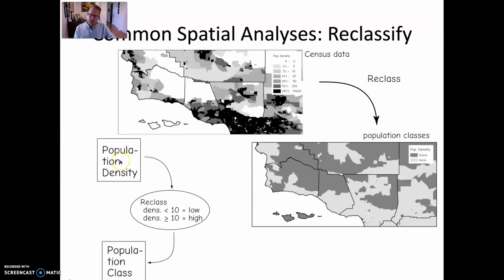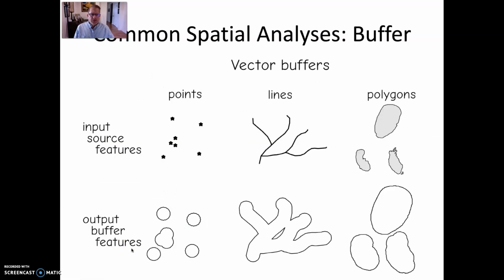Here is another one of those workflow diagrams where we take a data set, we run it through a geoprocessing function, we get another data set at the end. So think about this buffer we talked about last time. When you're buffering data, you can buffer points, lines, or polygons. There's not really a buffer function for raster data. Buffering is really only for polygon, point, or line data, so vector data.